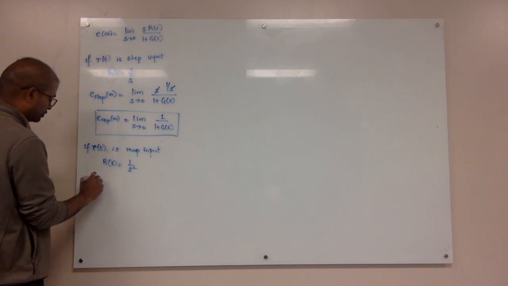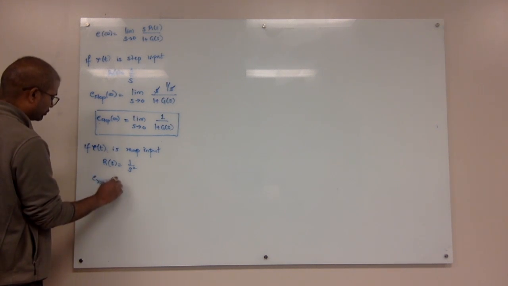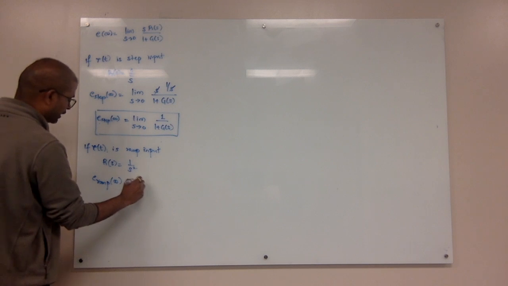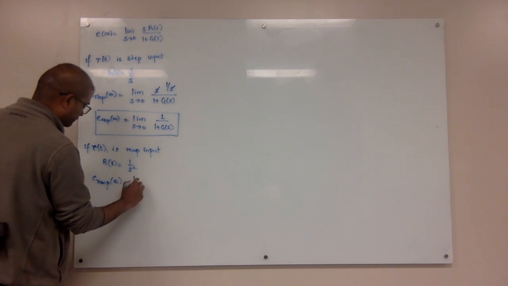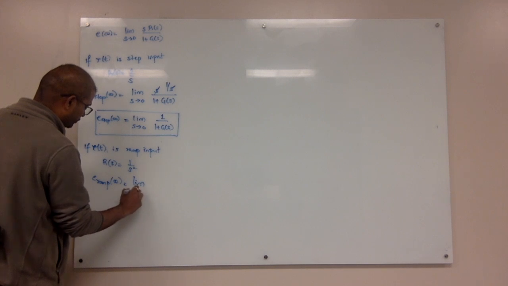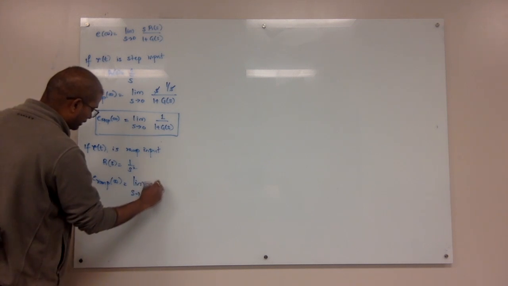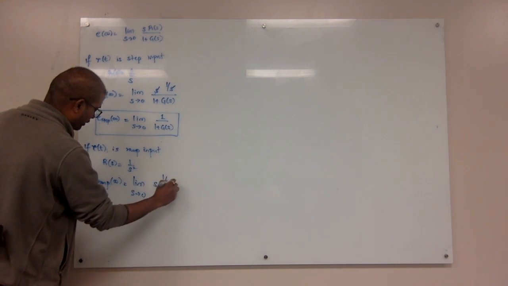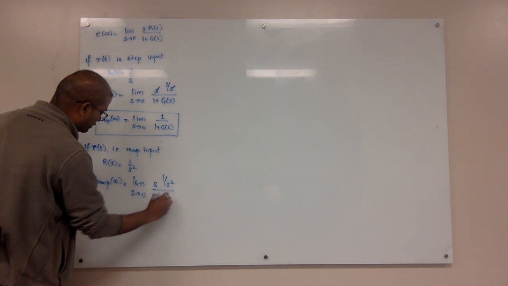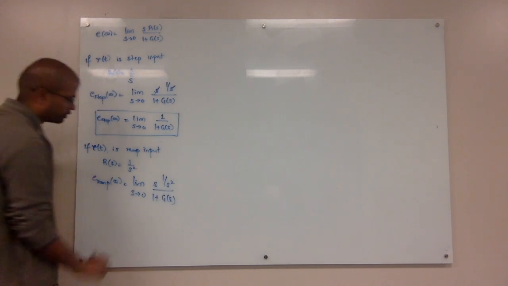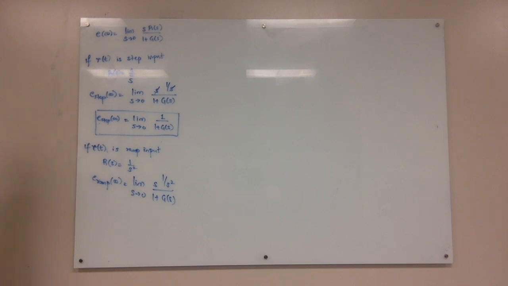Alright, now E ramp will become the limit as s tends to 0 of s times 1 over s squared, right, divided by 1 plus G of s, right?